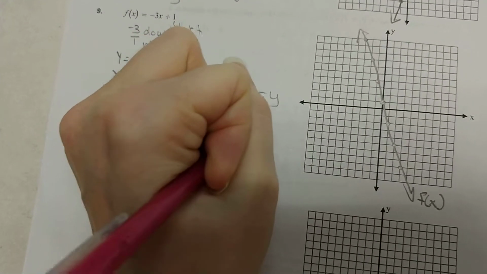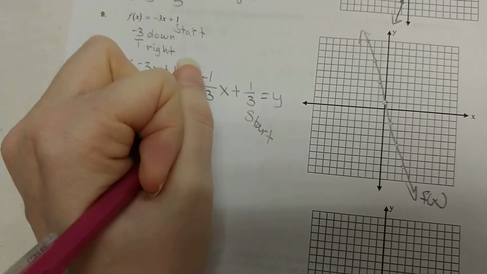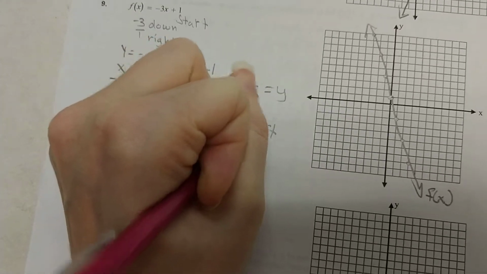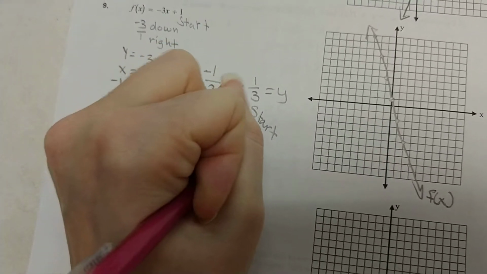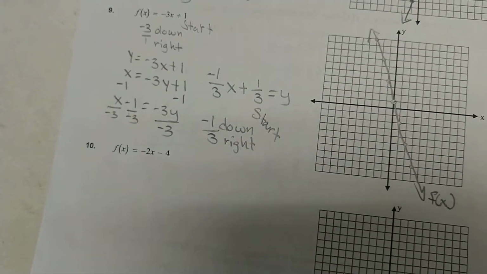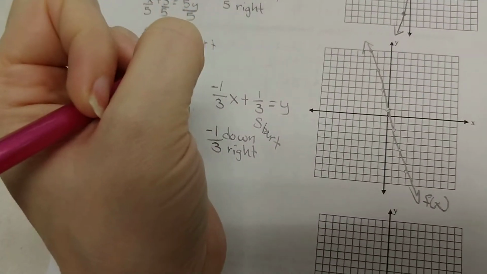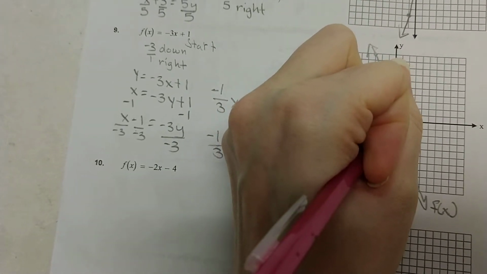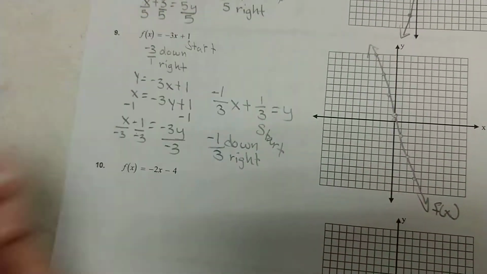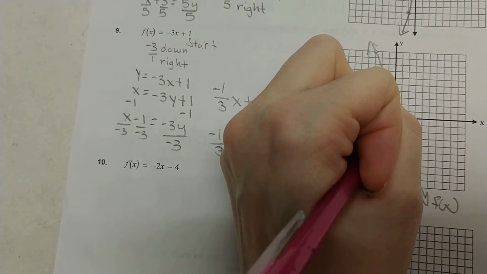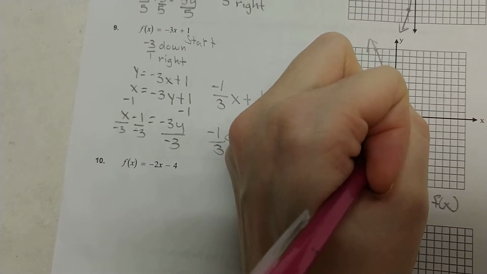So I'm going to start at 1/3, which is about right here. Kind of hard to see. Then I'm going to go down 1 and right 3.